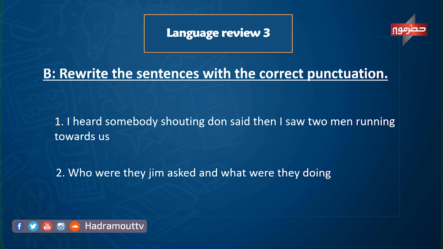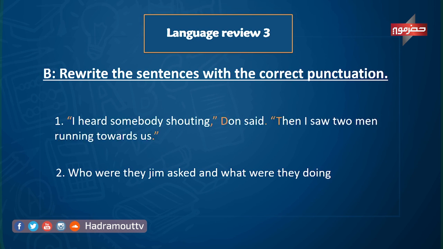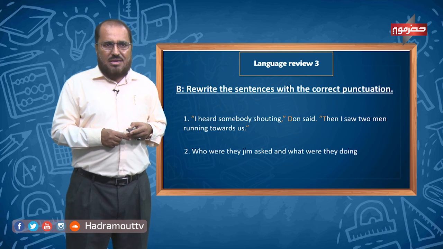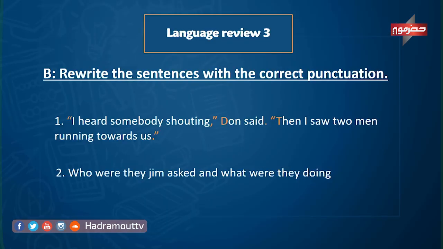You want to check the answer? Let's check. Great. I heard somebody shouting. This is quoted speech, not said by the writer himself. Okay, what Dan said, this is said by Dan, so we put it in speech marks. Dan itself is a proper noun, so it must be a capital D, not a small d.